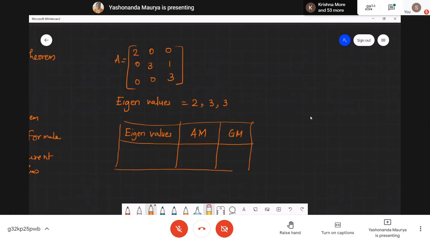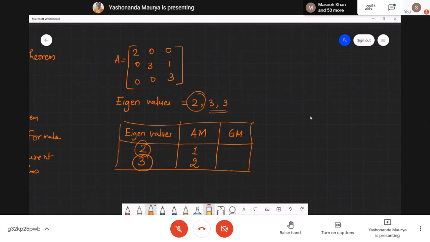So I have got 2 in my list and 3 in my list. Now eigenvalue 2, how many times has it appeared in the characteristic equation? 1 time. So algebraic multiplicity is 1. Now this 3, how many times has this appeared? 2. So the algebraic multiplicity is 2.